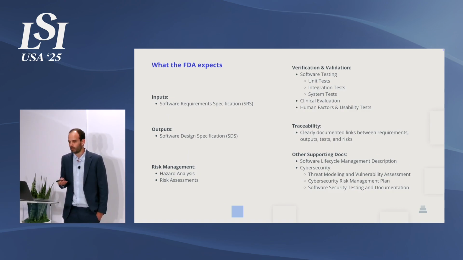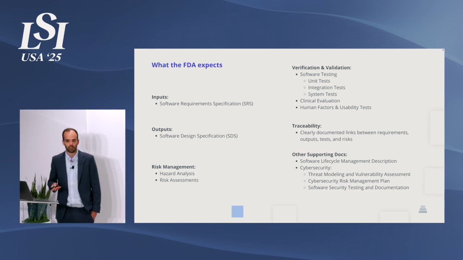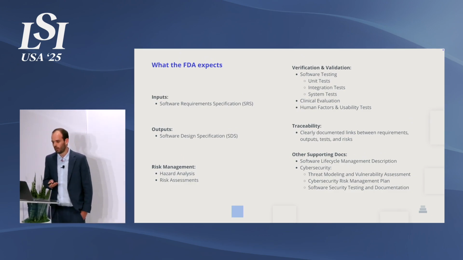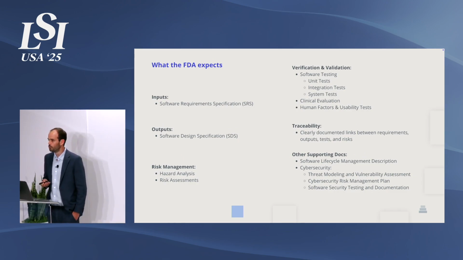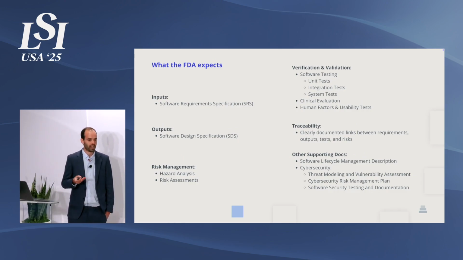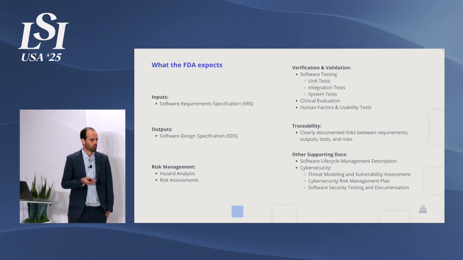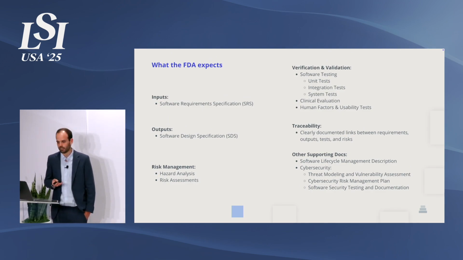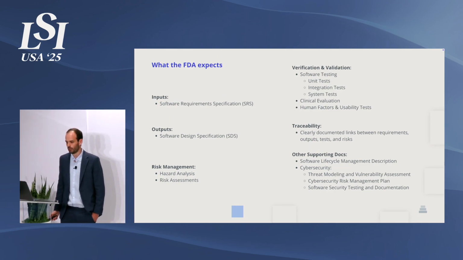The FDA accepts that you show compliance with that standard, or you can define your own software lifecycle, but you have to define it, and you have to define how you're going to do the management of the software. For instance, how you're going to react to fixes or vulnerabilities that you need to address, and so forth, and how you're going to support the users of the software.